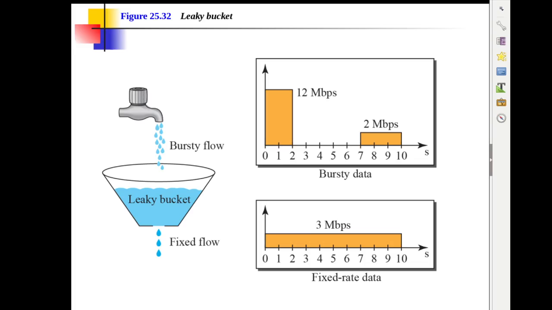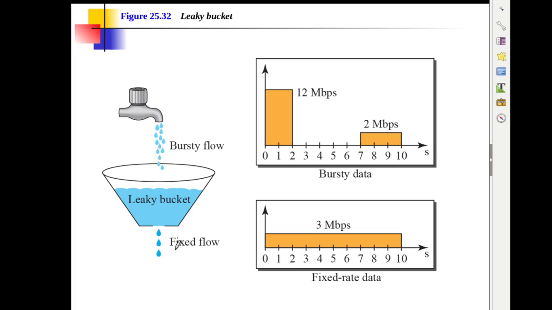So here for this we are having 2 methods. One is this leaky bucket, and you will also have one token bucket, right? So what happens in this leaky bucket? So if a bucket has a small hole at the bottom, what happens?